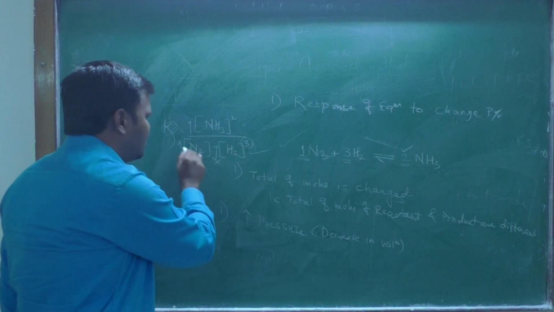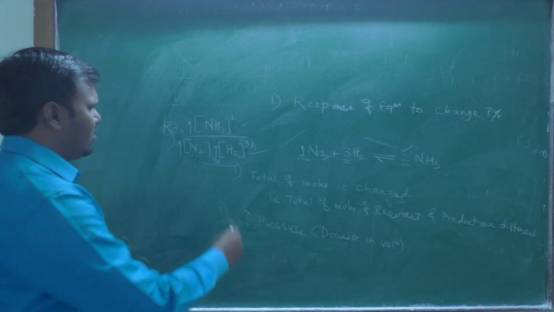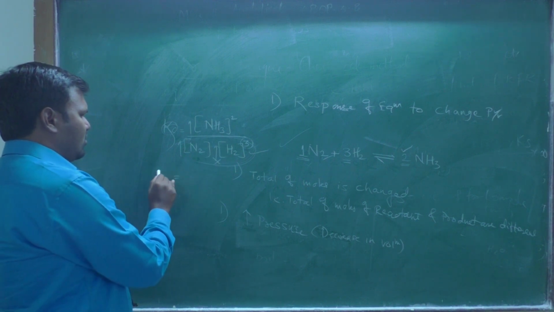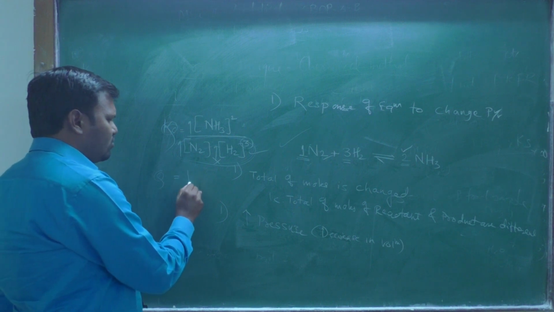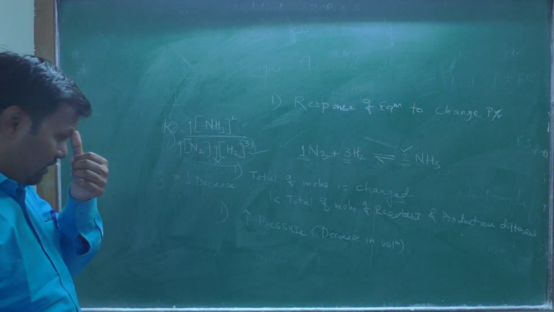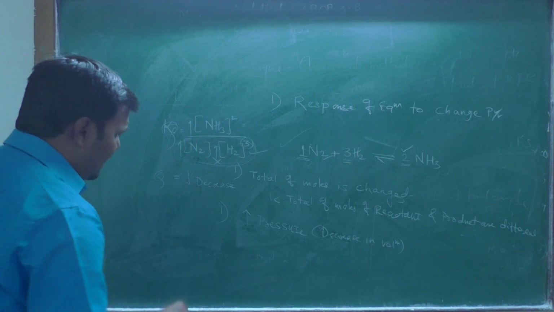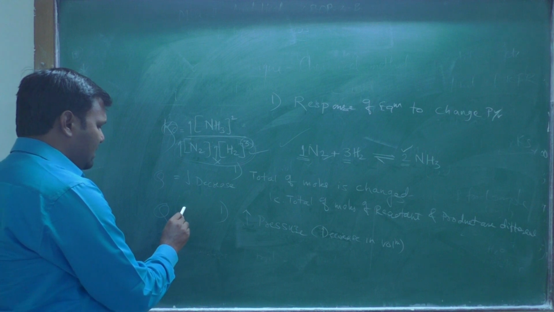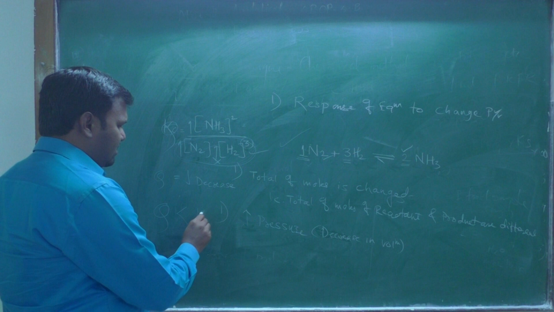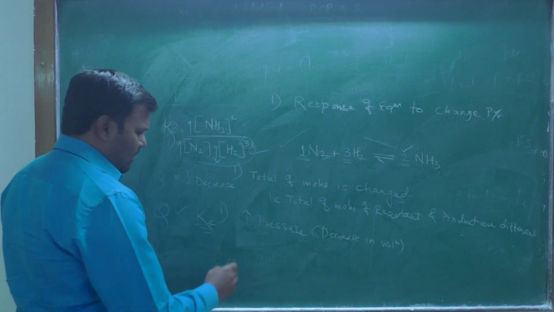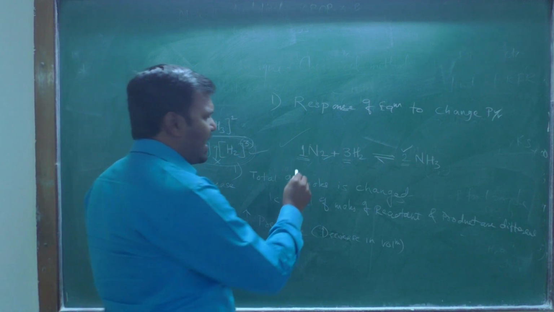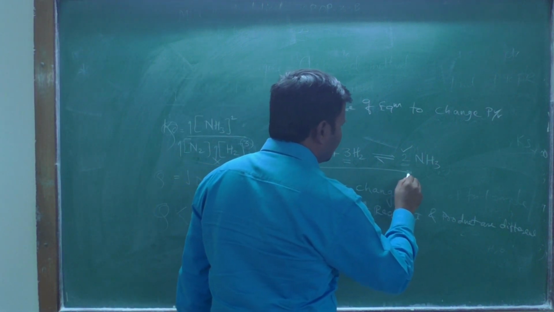Therefore the divisor is increased, and your Q value is going to decrease. If your Q value is decreased, and is less than the equilibrium constant K, then we know that the reaction proceeds to this side, the product side.